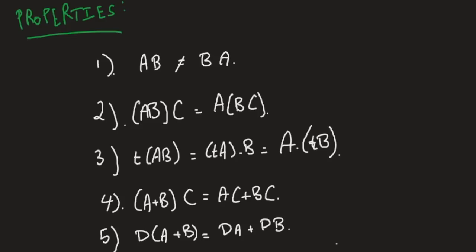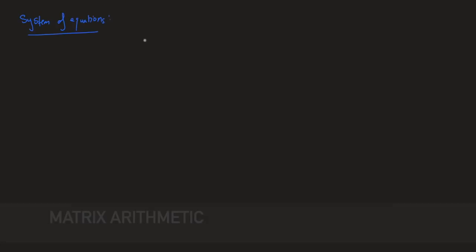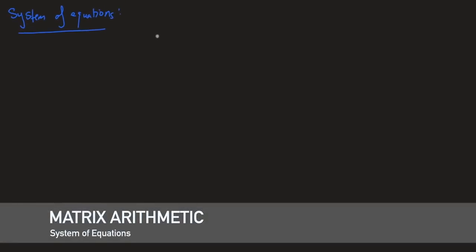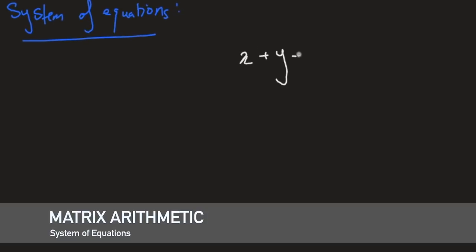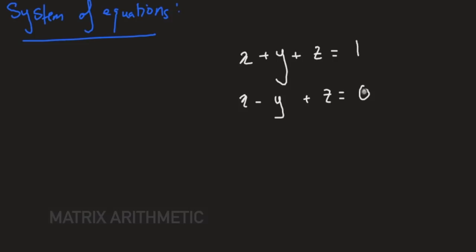Okay, now that we defined what the matrix product is, we can go ahead and show a really nice example. So let's say you've got the following system of equations. x plus y plus z is 1, x minus y plus z is 0, 3x plus 5y minus z is 2.